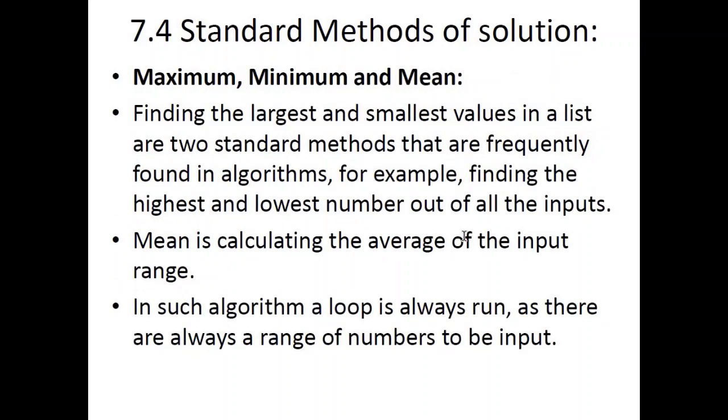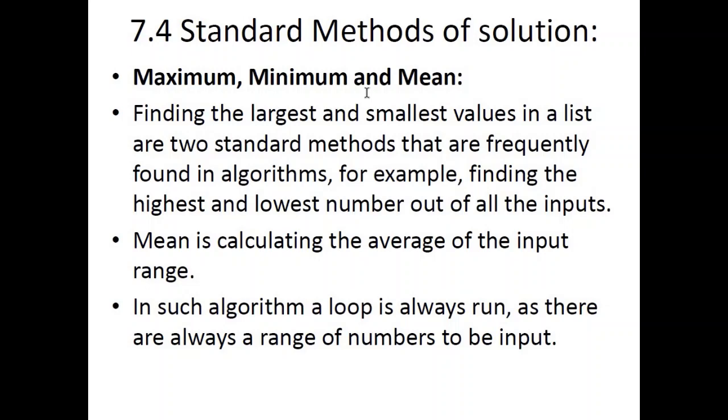The third standard method of solution is maximum, minimum and mean, means the calculation of maximum value out of an inputted range, the minimum value, and the mean or the average value. Finding the largest and smallest values in a list are 2 standard methods that are frequently found in algorithms.